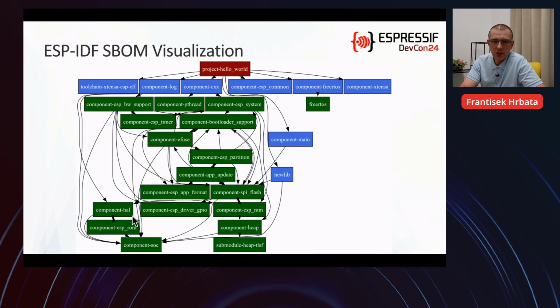This is actually how the SBOM hierarchy, or its directed graph, looks for a Hello World project. This is generated from the SBOM file with tooling. I think it's called sbom2dot. And this is how it visualizes the structure of the SBOM.